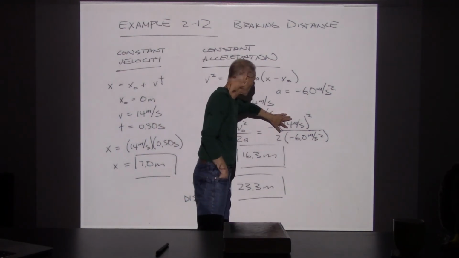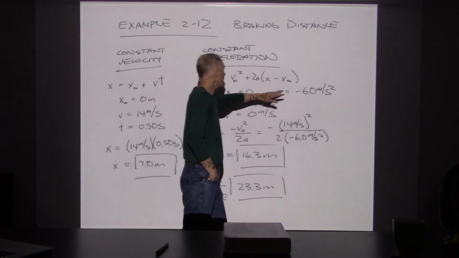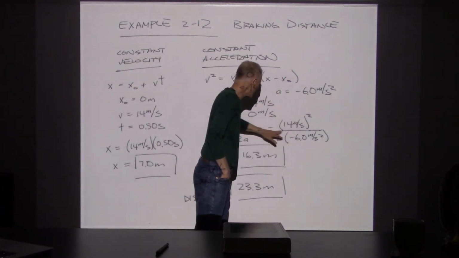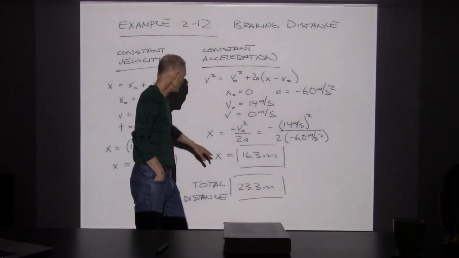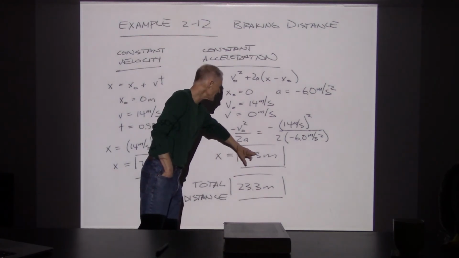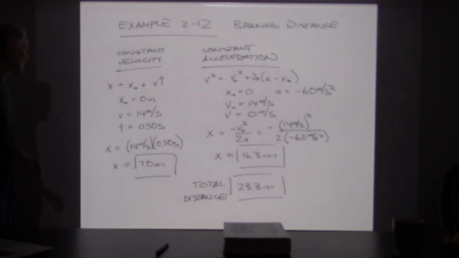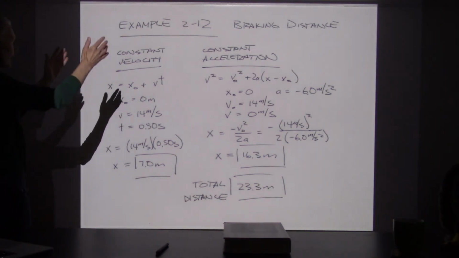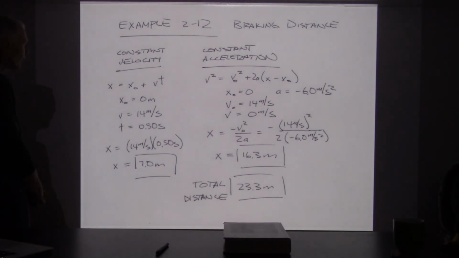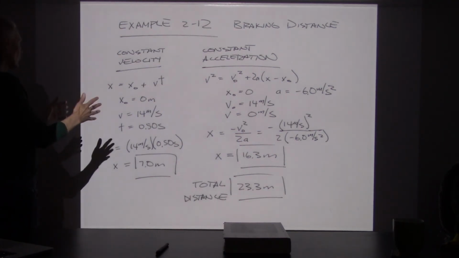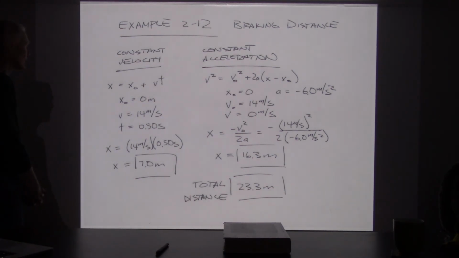V naught was 14 meters per second. I've got a minus sign in my acceleration. The minus signs cancel, and it tells me that the distance I'll travel is 16.3 meters during that time. And so 7 meters during the reaction time, 16.3 meters when I actually have the brakes on. The total distance comes from adding those together.